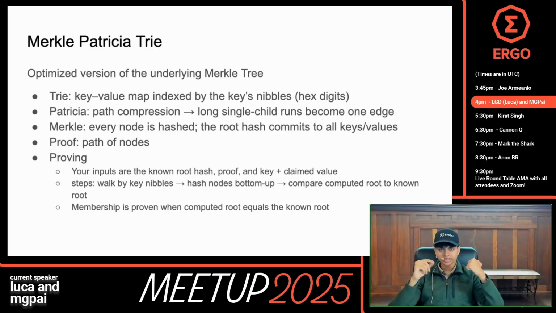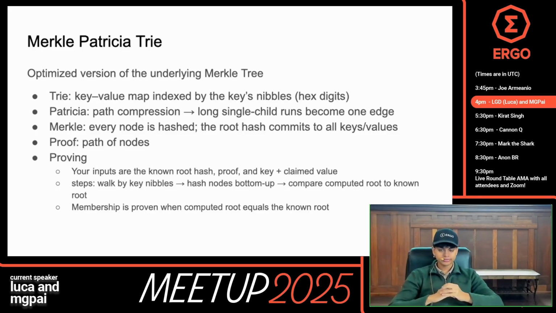So it's just a bunch of characters, like ASCII characters, and that's what a trie is. And Patricia is just an optimization of the path, right? So it's a very optimized structure. So you make even fewer traversals. In the previous slide, we made three traversals, right? So this makes it even smaller, maybe one or two. And then Merkle is from what we discussed before.